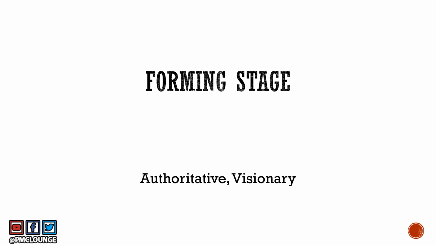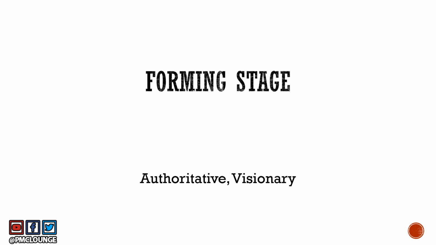So as a project manager, you should be authoritative and you should have vision. You should be able to communicate the kind of vision that you have for your project. How you can do that is you need to ensure that team members are aware of their roles and responsibilities, because everyone's new to the project, right? You need to provide a vision. That's where the visionary part comes into the picture, right?